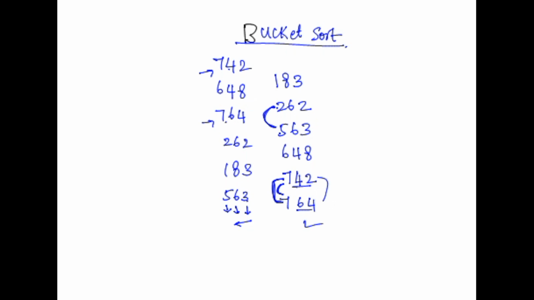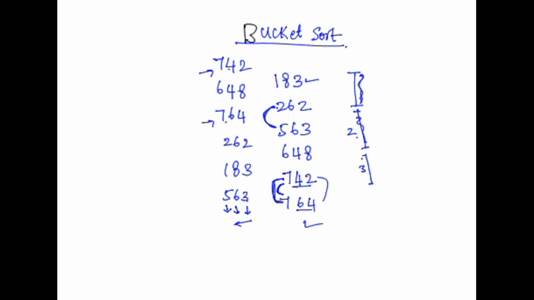You think about all the numbers which start with 1, and you sort all of them to ensure that they are in sorted order. Then you take all the numbers which start with 2, sort all of them, and concatenate to the list that I had. Then you look at all the numbers which start with 3.